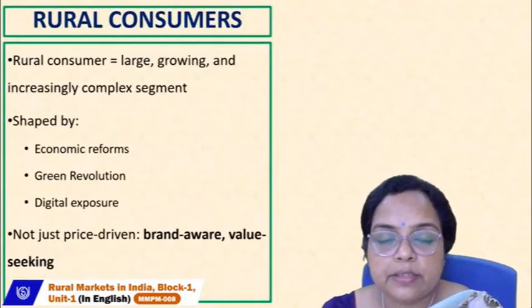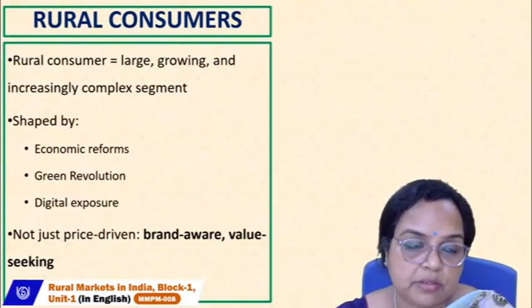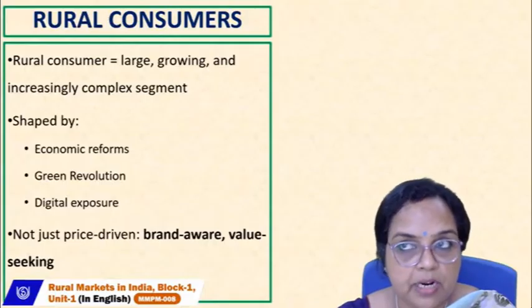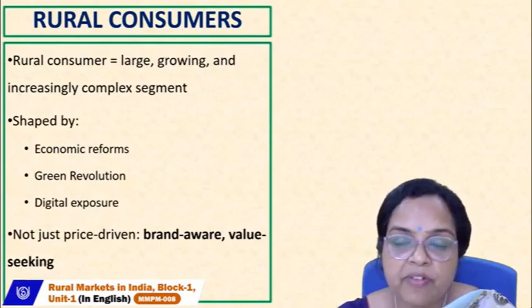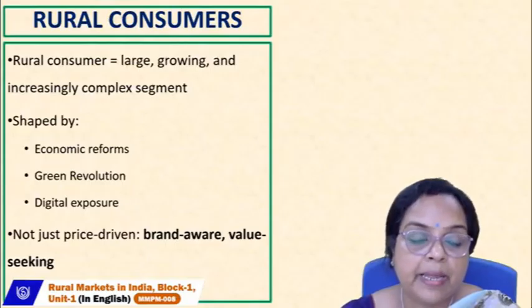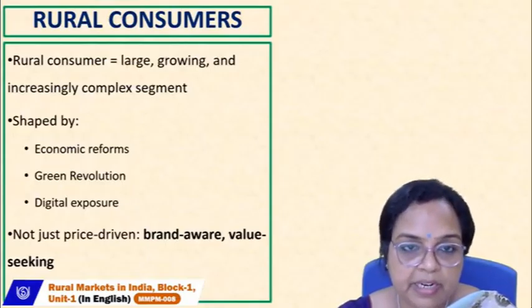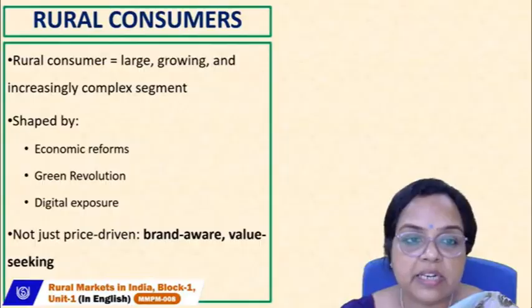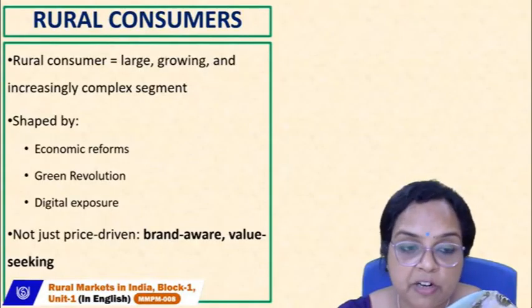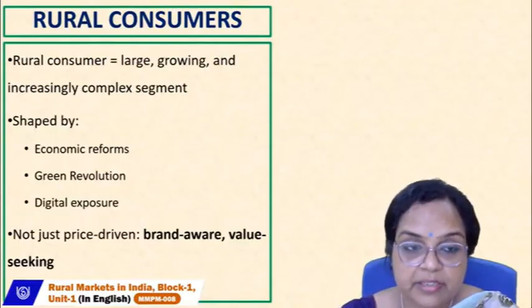Then understand who is a rural consumer. A consumer is a person who consumes the product. He may be a customer, he may buy it or not, but finally he consumes it. So rural consumers are slowly getting larger day by day, and they are an increasingly complex segment because social media is entering and smartphone usage is on the higher side.